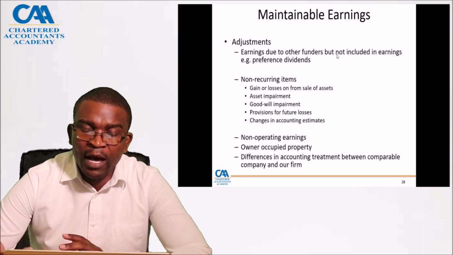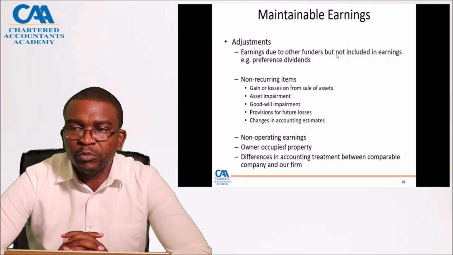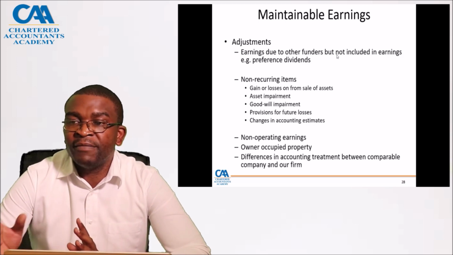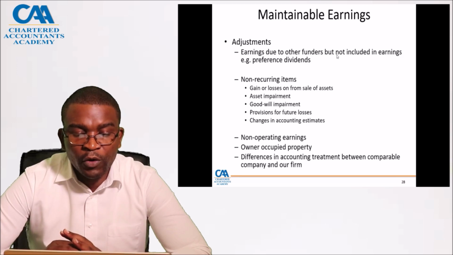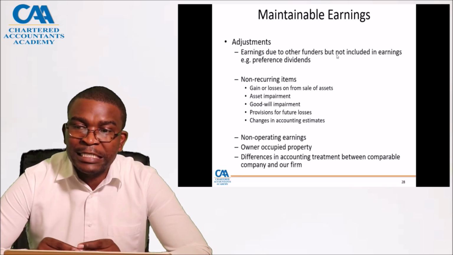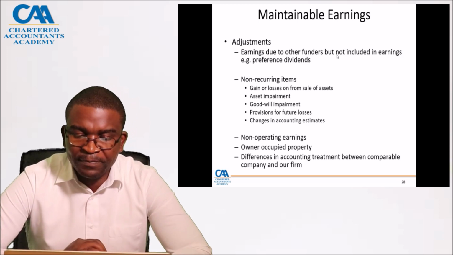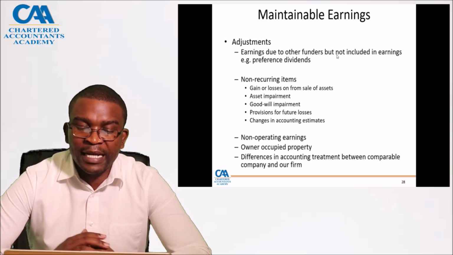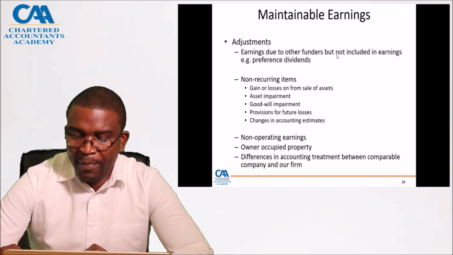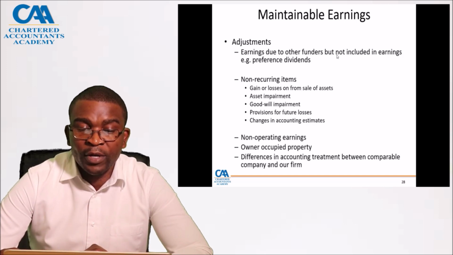For example, if they're coming out of investment property, take them out and value the investment property separately. Owner-occupied property, you might want to charge rent to the business and treat the owner-occupied property as an investment property. And you might also want to adjust for the difference in accounting between the comparable company and our own company.